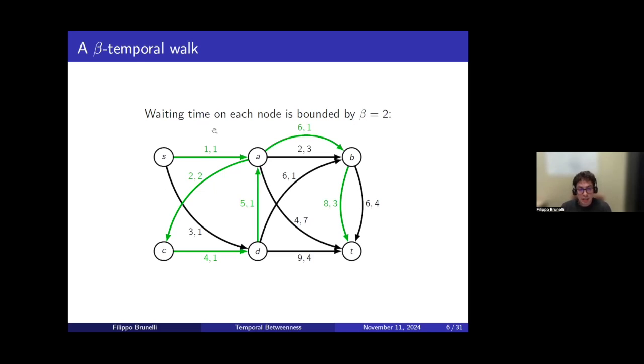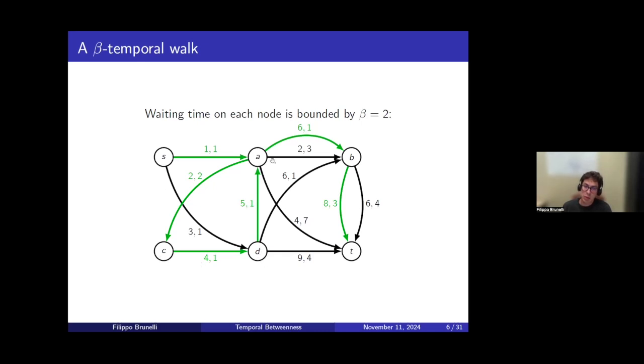On the other hand, this one is a beta temporal walk. So this time we still leave S at time 1 and reach A at time 2, but then we perform some kind of, let's say, temporal loop around A. So we leave A at time 2 to reach C at time 4. We leave C at time 4 and reach D at time 5.